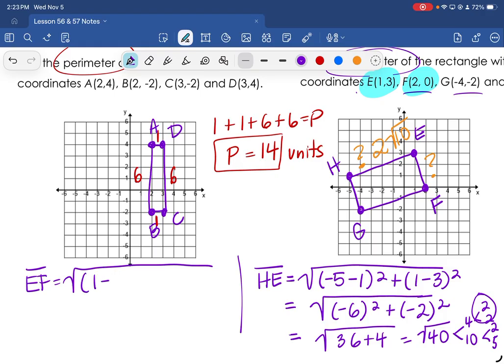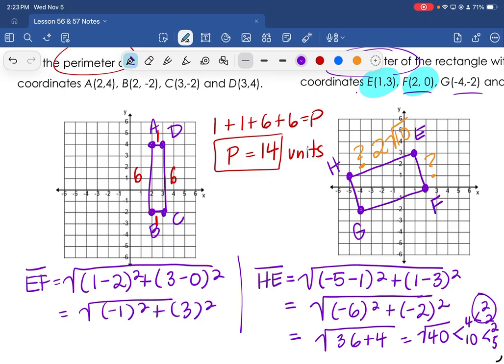Yes, and 3 minus 0 squared. Kellen, you already did this? I was just watching. 3 minus 0 squared. So what's that? -1 squared? Yeah. 3 squared? Mm-hmm. So that's a 1 and a 9, which is a root 10. And that cannot be broken down, so I'm going to leave it as root 10.